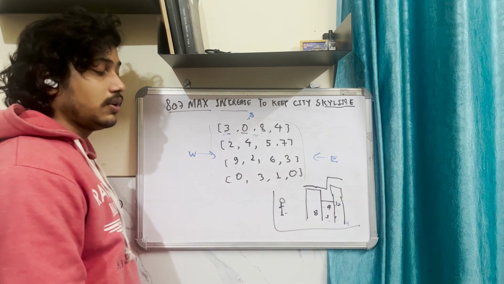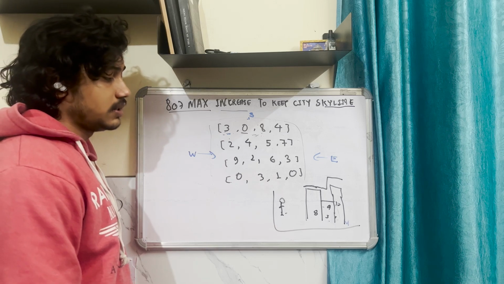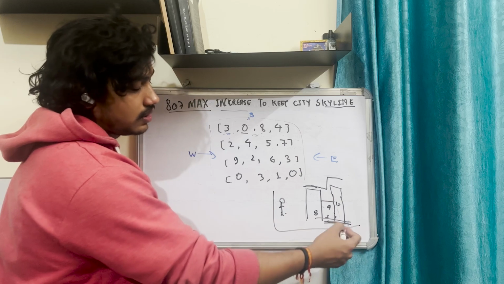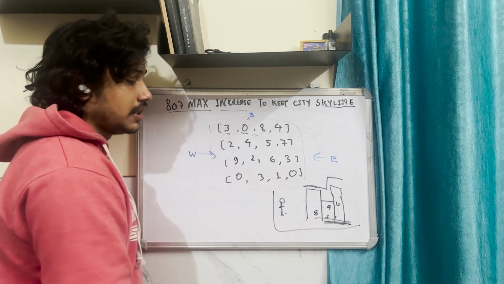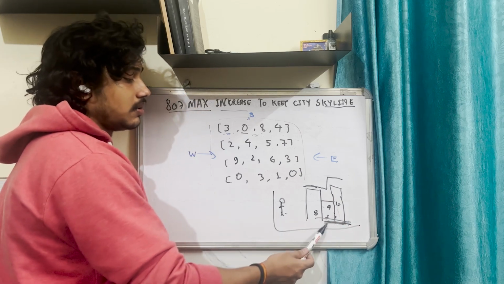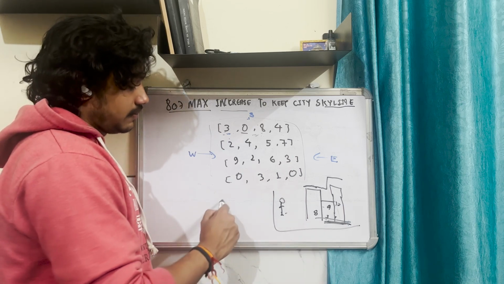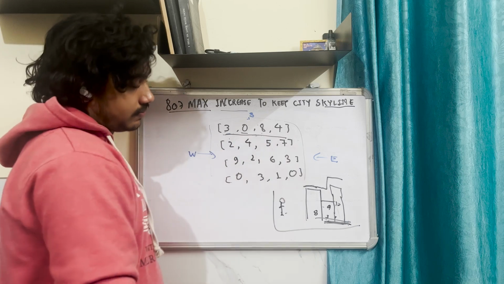Okay, so what we got from this is that you can increase the height of a building up to the maximum building in that skyline. For example, if we see this row, let me draw this row.